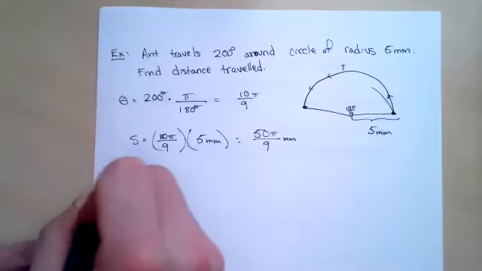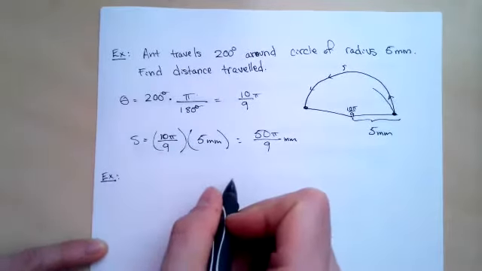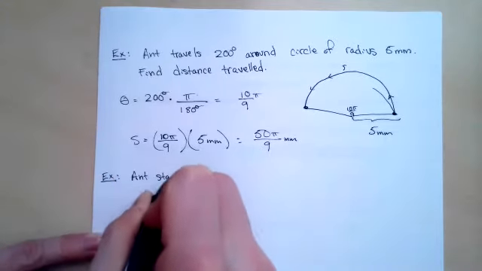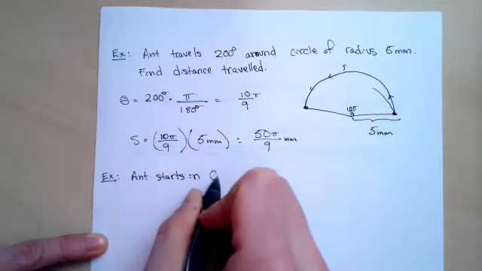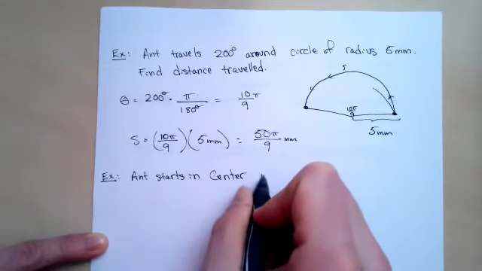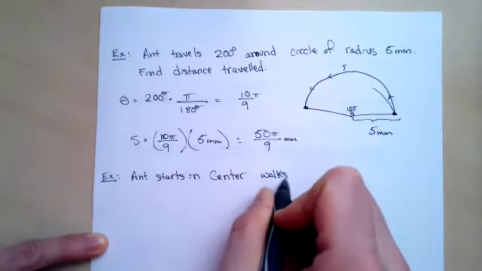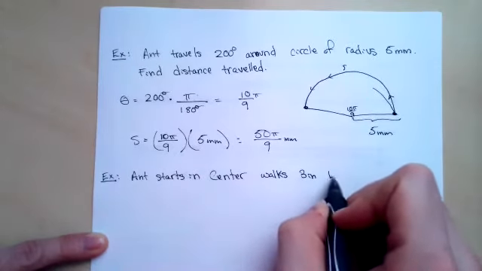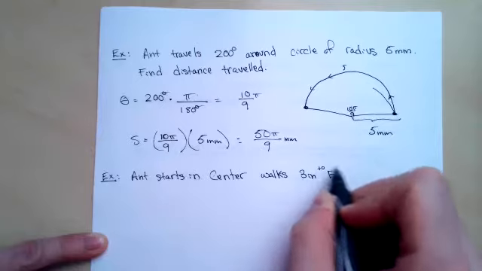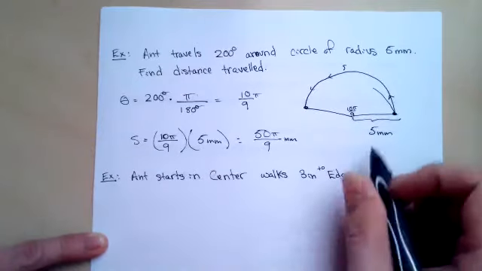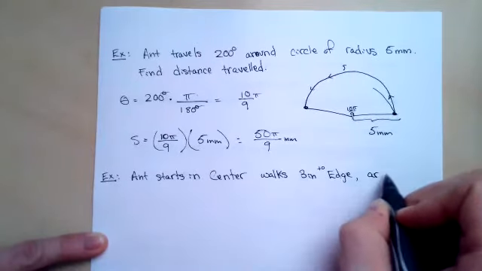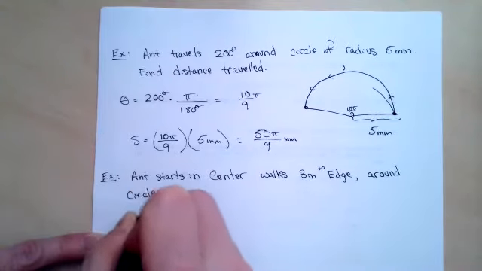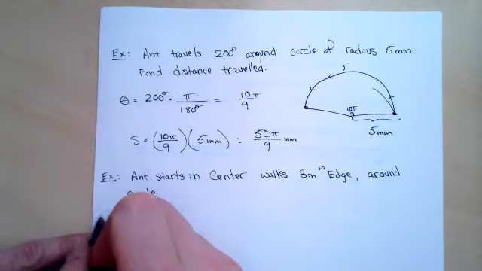So 50 pi over 9 millimeters. Okay, let's do another example. Now suppose the ant starts in the center, walks 3 inches to the edge, walks around the circle, and then back.